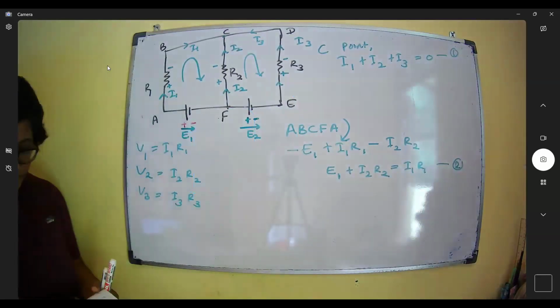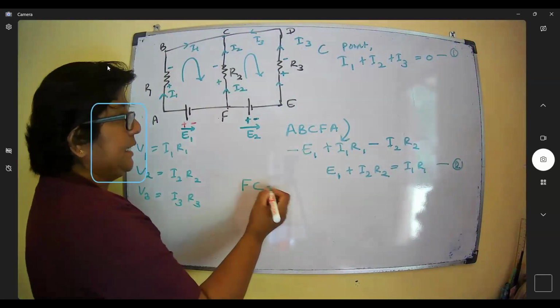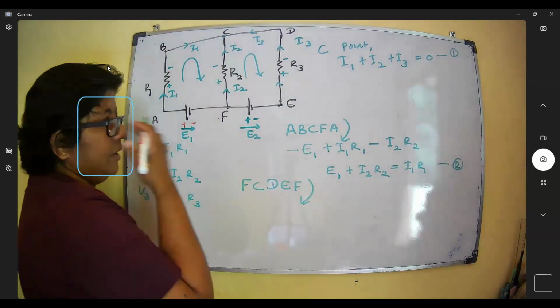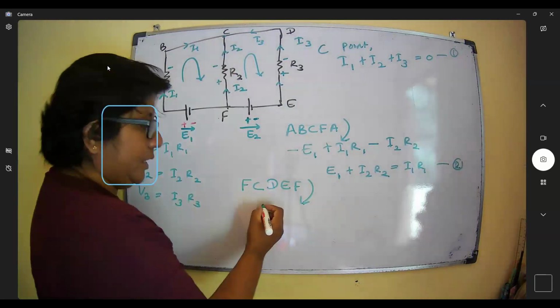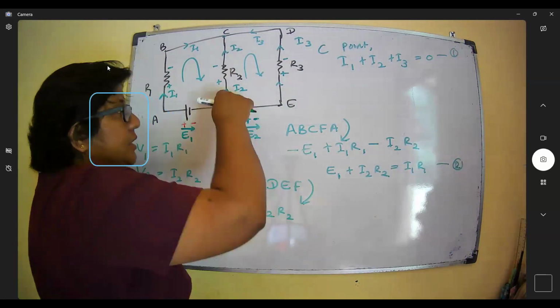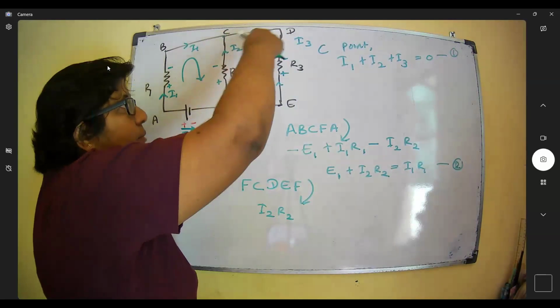And also, now we can consider the second loop. F, C, D, E, again F. Right? Then we can consider I2. Here, I2 R2 is positive because the direction is the same. Current is flowing through this direction, so I2 R2 is a positive value.